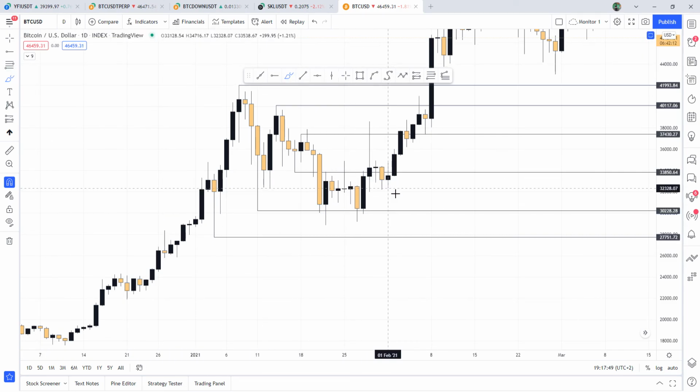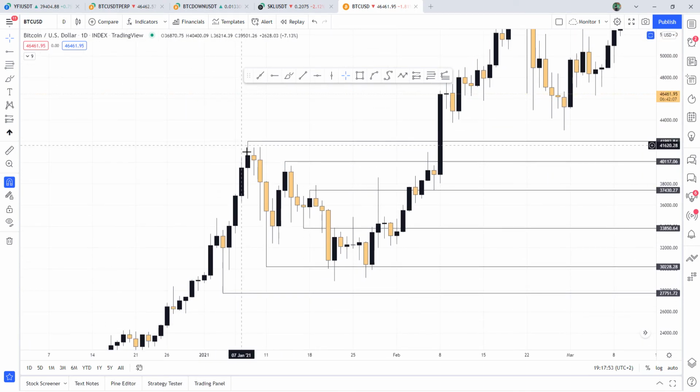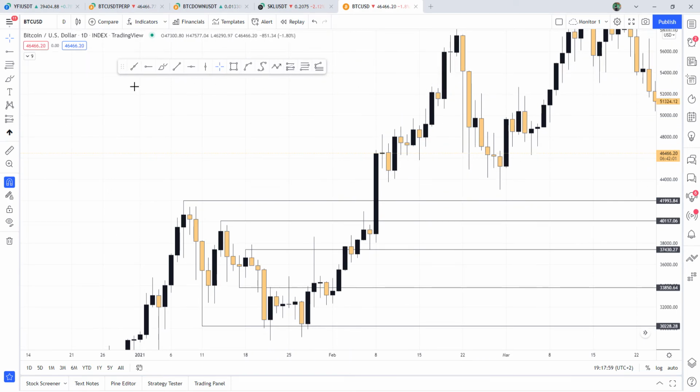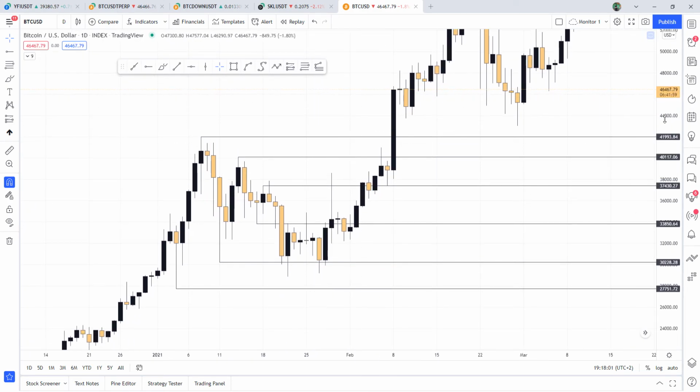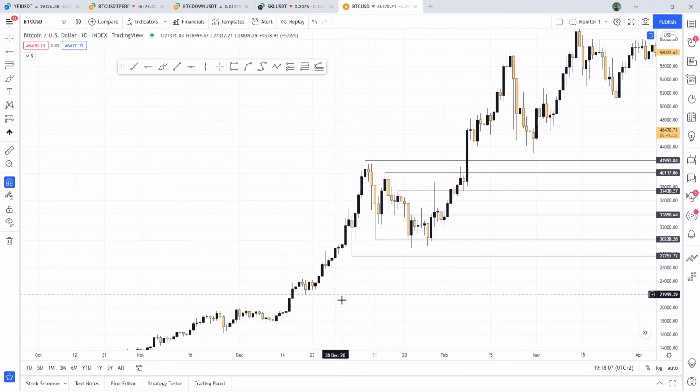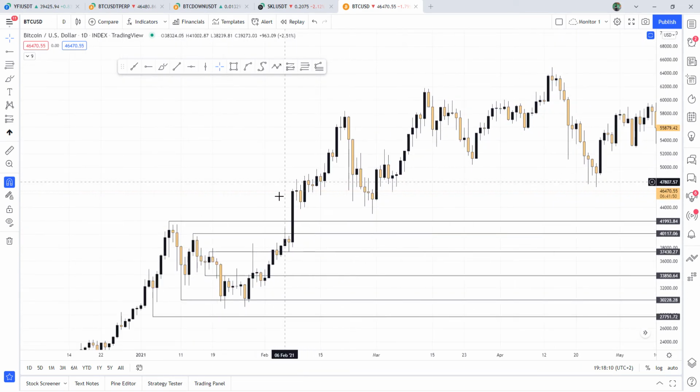So you don't need to mark anything else. And as you see, once it breaks this resistance, it has a big break up. So this is how you mark the levels, and you do the same here.